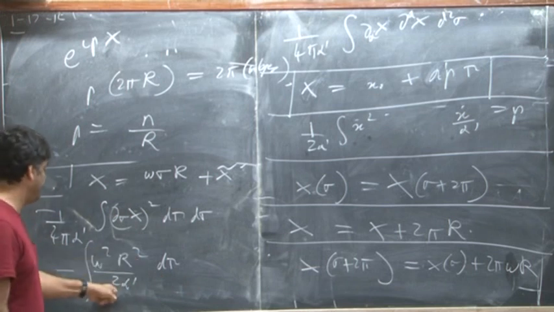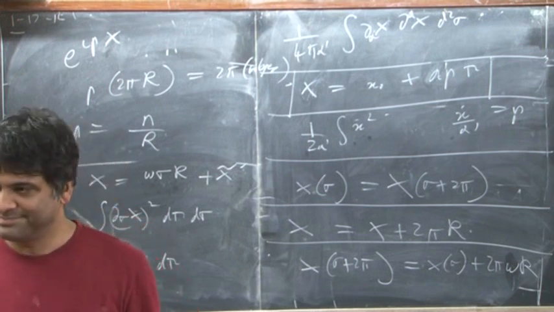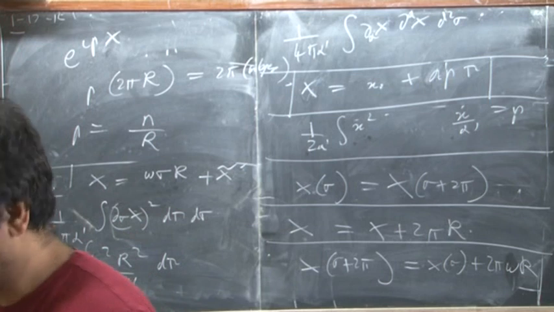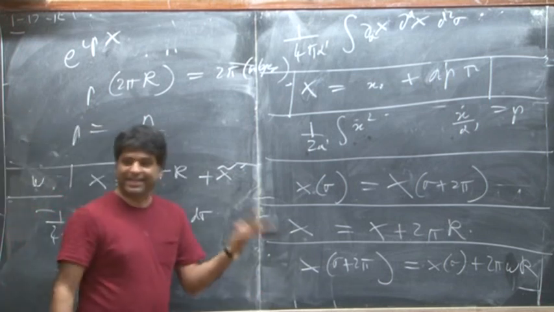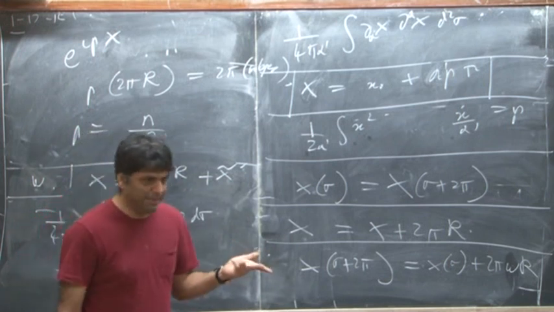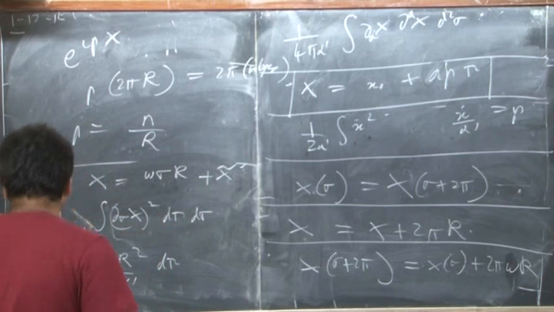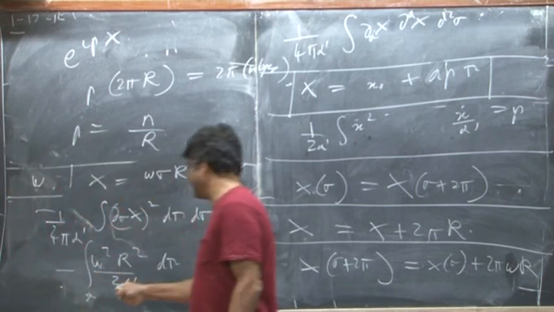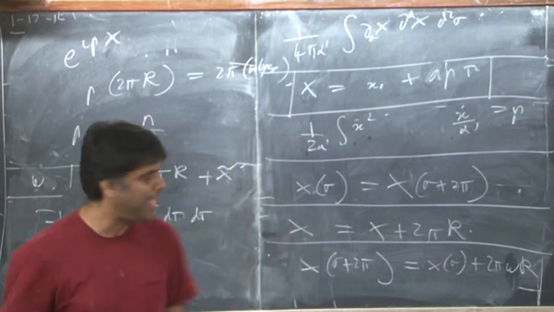It's omega squared r squared by 2 alpha prime. Is this clear? So the L0 plus L0 bar of your state with winding number W has an additional contribution to what you got before, and that additional contribution was omega squared R squared by 2. We'll use that in a moment.